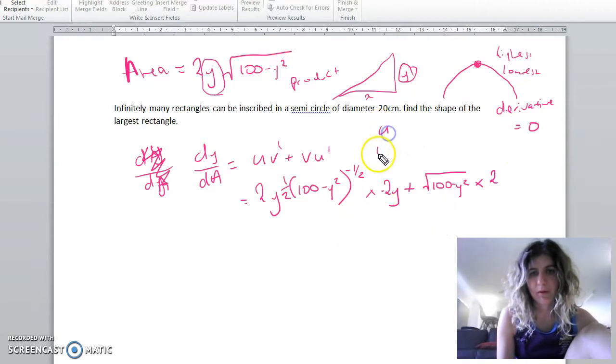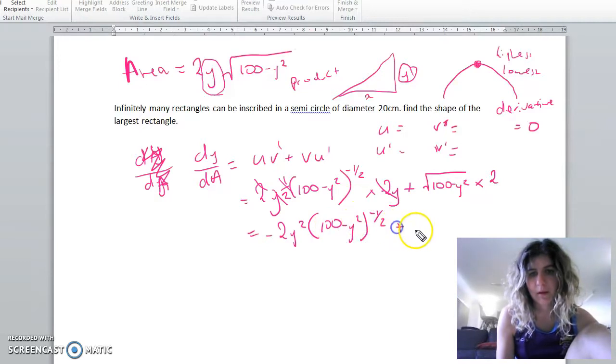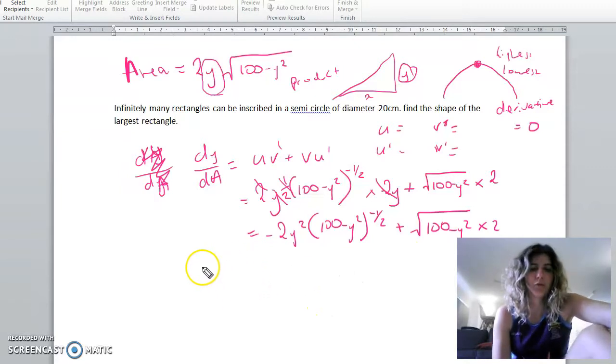Okay, and if you need to write it out, do it at the top to find it. Okay, but I'm just trying to save time. Alright, 2 and the half cancels, we're left with negative 2y squared, and that's 100 minus y squared to the power of negative a half, plus the square root of 100 minus y squared times 2. Okay, from here we need to find where our derivative is going to be equal to 0.